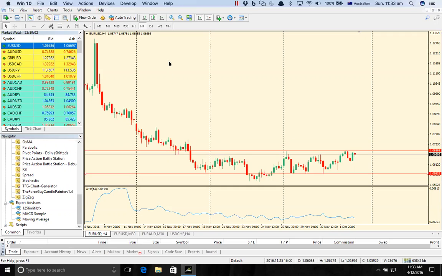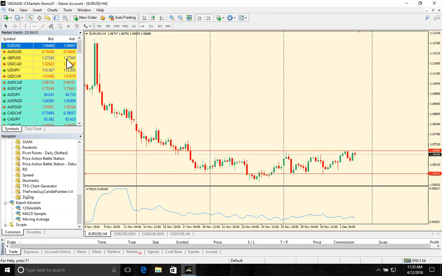Okay, yes, you're right. So the stop loss will be at resistance, at 1.06686, around here. Yep, that's right. So your stop loss will be somewhere around here.